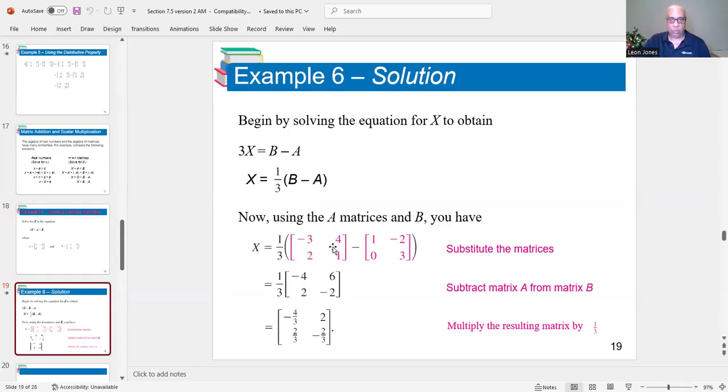Okay, and you look at the signs. And then once you do all the subtraction, then you're going to do your division. Divide everything by 3, or multiply it by 1/3. And that gives you this solution. It's basic algebra.